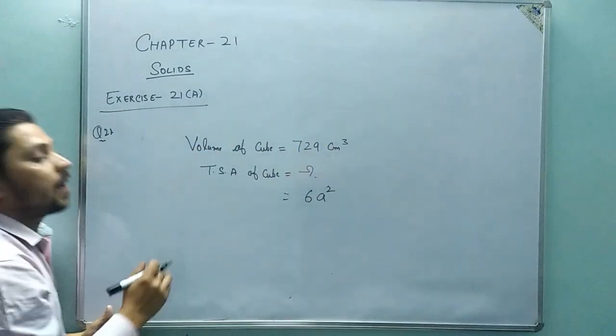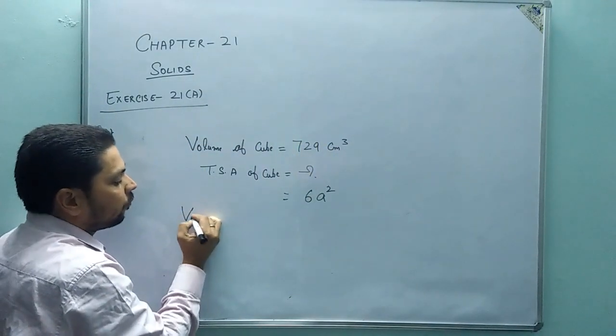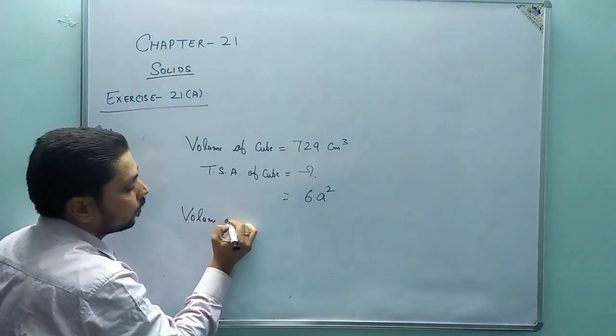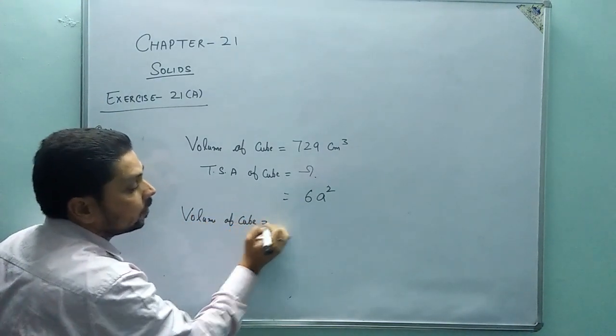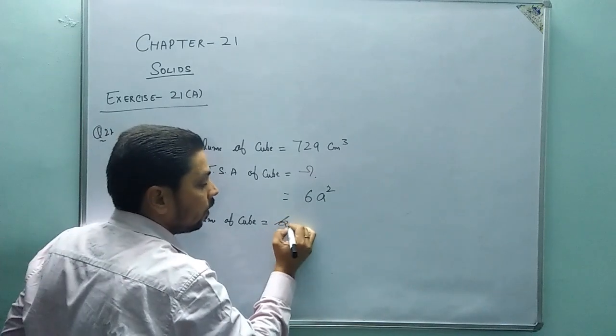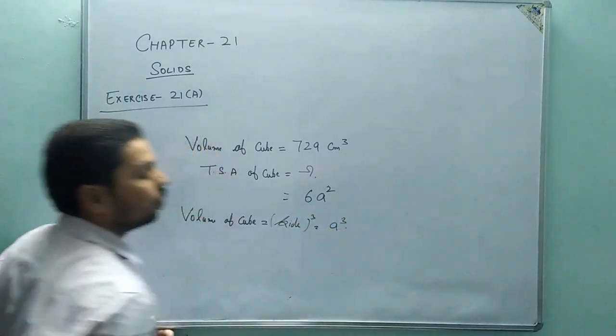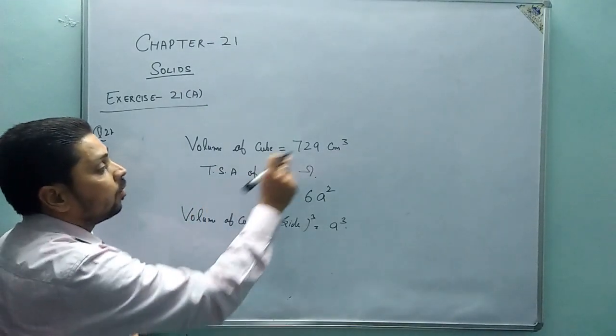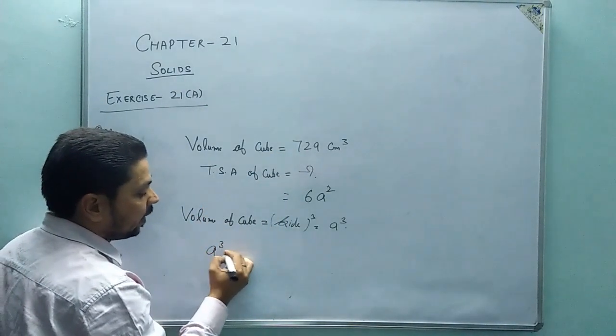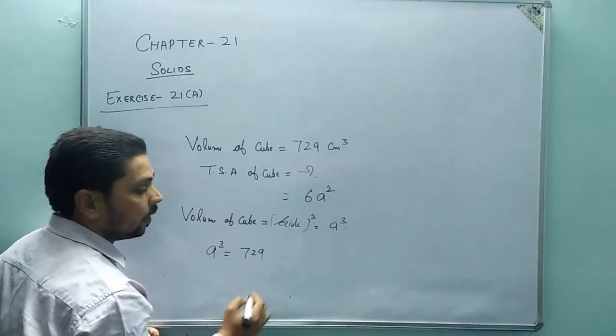So first apply the formula: volume of cube is equal to side cube, that is a cube. Now substitute the value of volume: a cube is equal to 729.